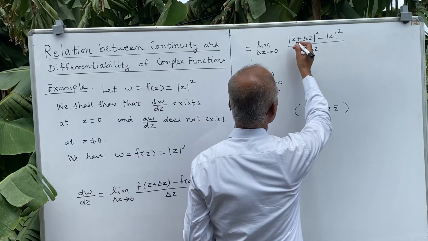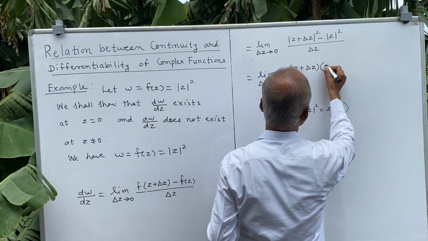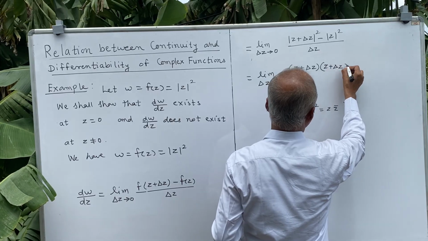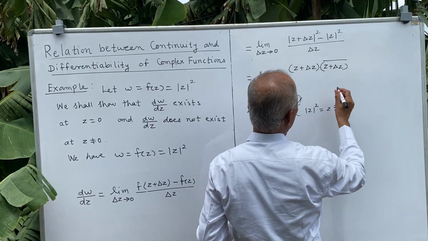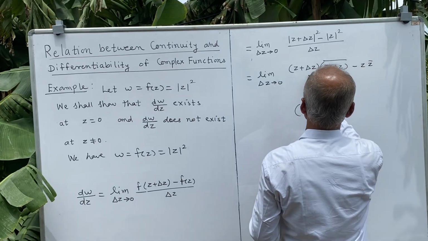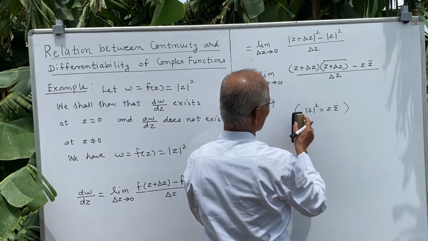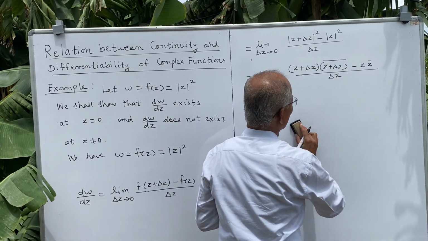So, this is z plus delta z into the conjugate of z plus delta z, minus z z bar, divided by delta z, using this property of modulus.